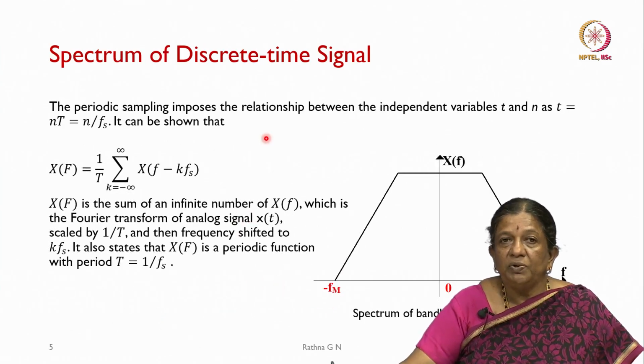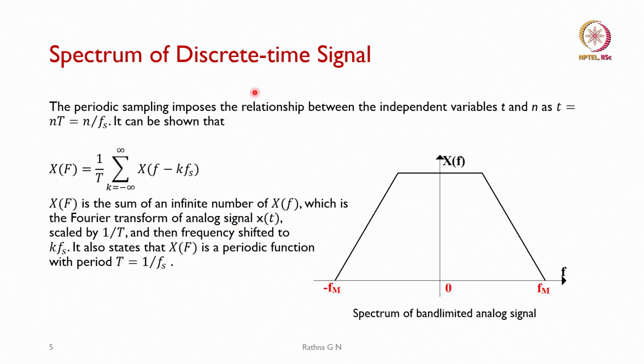How are we going to represent the spectrum of a discrete time signal? Periodic sampling imposes a relationship between the independent variables t and n, as t is equal to nT, which is nothing but n divided by fs. So we can show that X of f is equal to 1 by T, sum over k from minus infinity to infinity, of X of f minus k times fs.